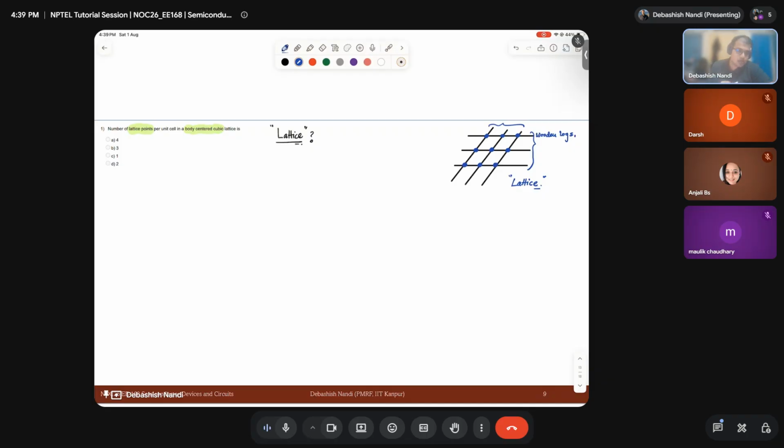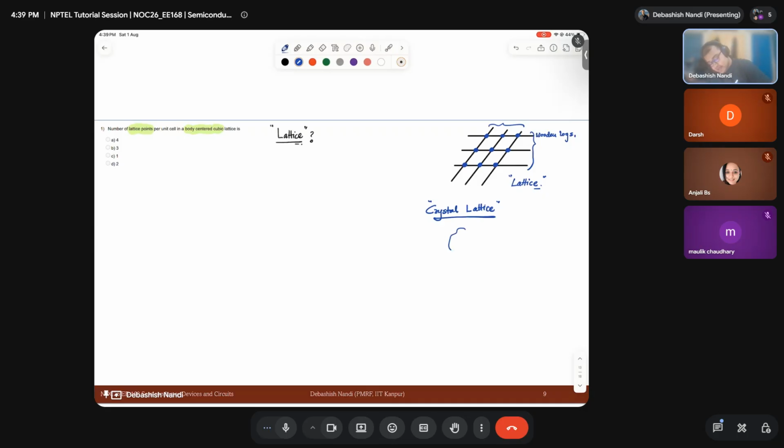From this analogy, in crystal, we call the periodic arrangement of the atoms a lattice, crystal lattice. From this analogy, crystal lattice has come about. So what is crystal? There are three types of materials: crystals, amorphous, and polycrystals.